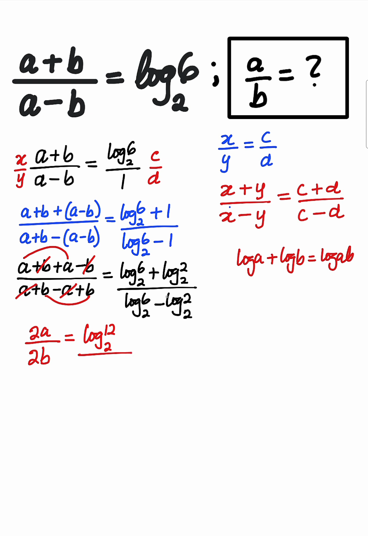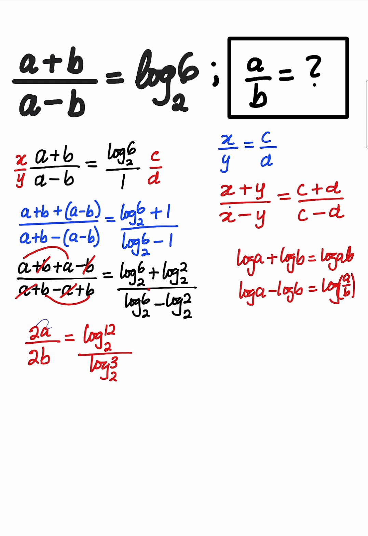Then for this, stay with the law of logarithm: if you have log a minus log b, this gives us log a over b. Applying that rule here, 6 divided by 2 gives us 3. So here we have log 3 base 2.